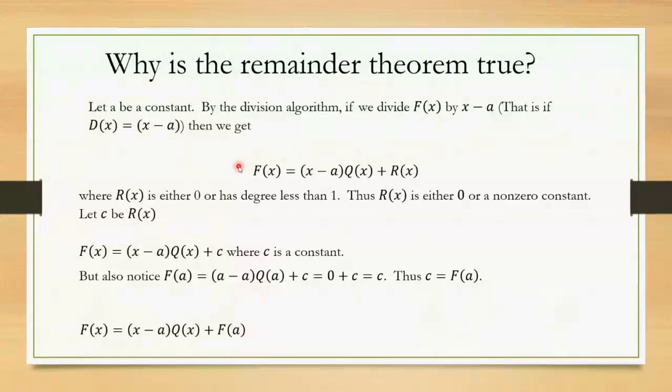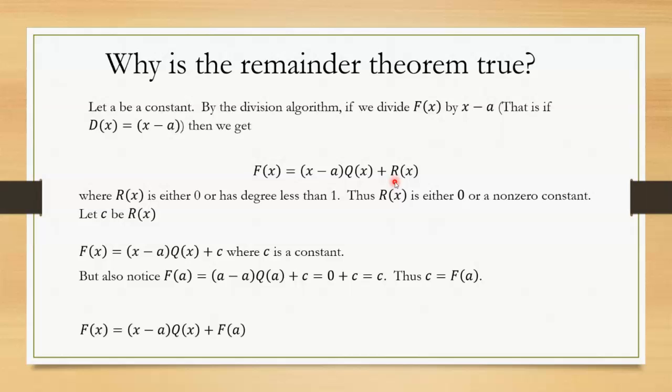What happens here? Well, remember, this capital R of x is either going to be identically 0, or its degree has to be less than the degree of your d of x, your divisor, which in this case is x minus a. So in other words, R of x is either going to be identically 0 or its degree is less than 1.